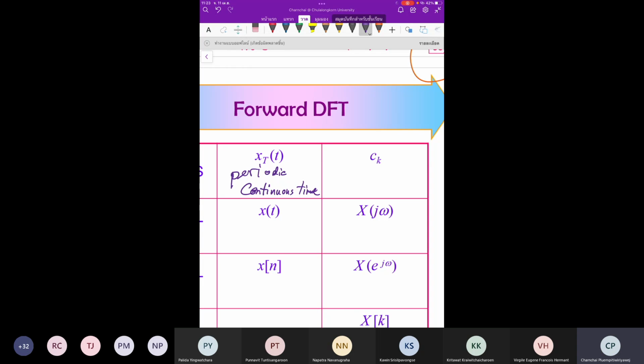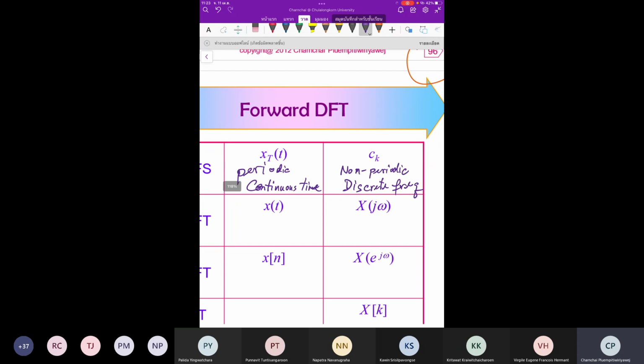Discrete frequency, non-periodic, right? It's non-periodic, discrete frequency.